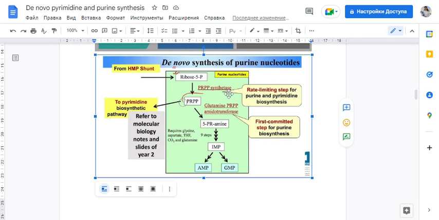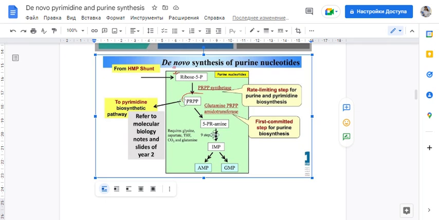So here you can see the de novo synthesis of purines, and we say that PRPP synthetase is the rate-limiting enzyme for both purines and pyrimidines because, as I said, they use the same first substrate, and it will form PRPP from ribose 5-phosphate, and ribose 5-phosphate comes from the HMP shunt. Why do we call this enzyme rate limiting? Because it determines the rate of this reaction.